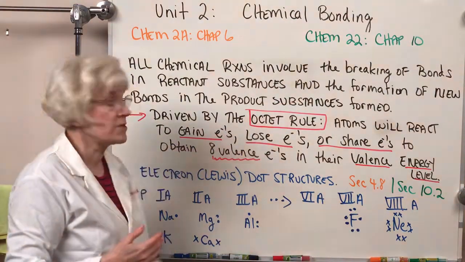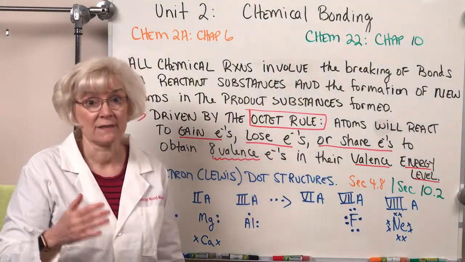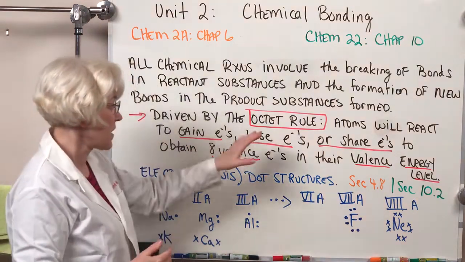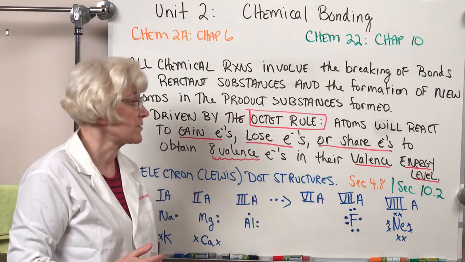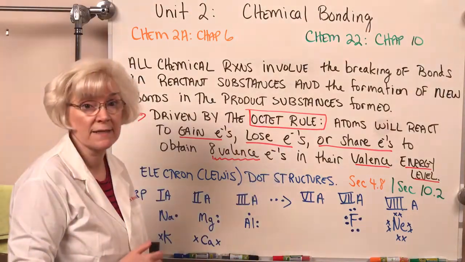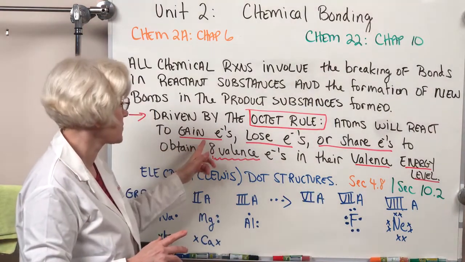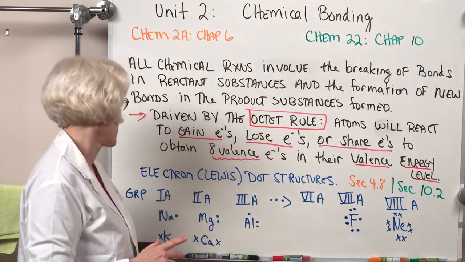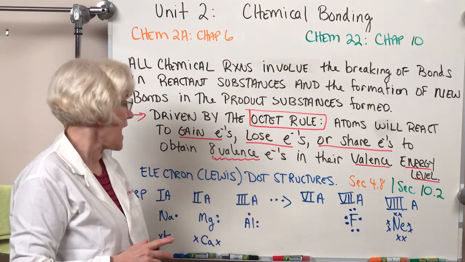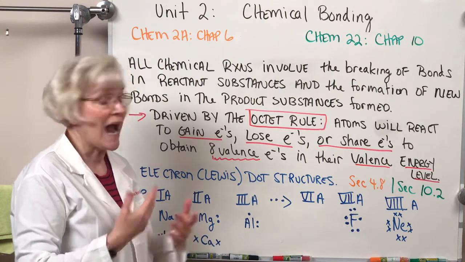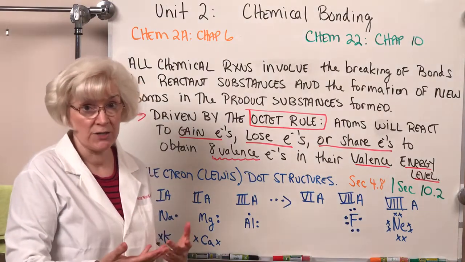This is all being driven by the Octet Rule. And we're going to talk a lot about the Octet Rule. So what does the Octet Rule state? It states that atoms will react to either gain electrons or lose electrons or share electrons to obtain 8 valence electrons in their outermost valence energy level.